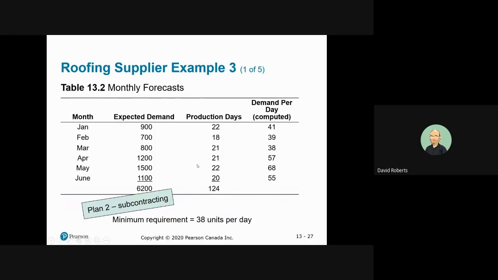So in this particular case, another strategy is to make the minimum and then subcontract. So if 38 is the minimum, you have enough full-time people to make the 38, and then as you need it, you will bring in subcontractors or hire people to do the rest. And that would be the strategy that a school in post-secondary would approach.